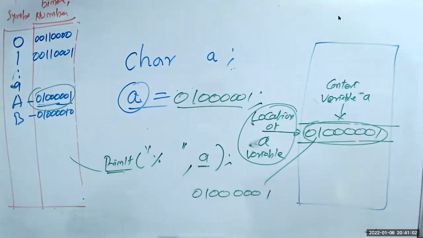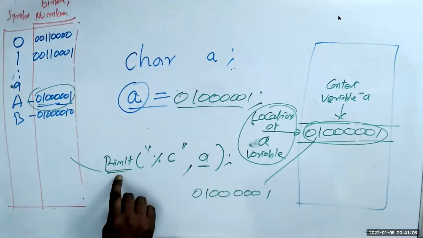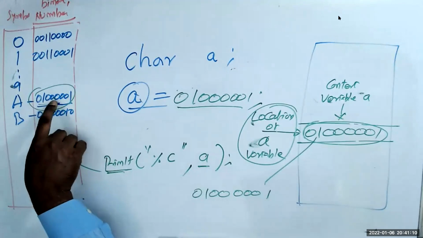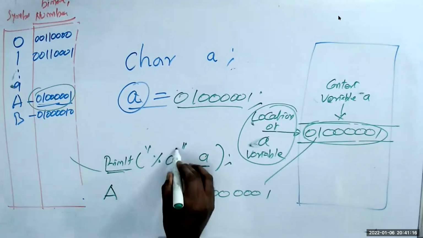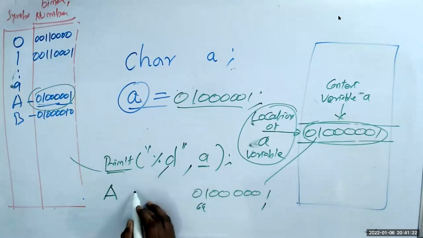But if you put percentage C here, then printf will take this and refer to the ASCII table. For this it is A, so you get A on the screen. If you put D, then printf will calculate 64 plus 1 and print 65.